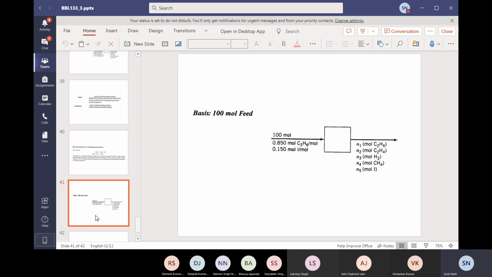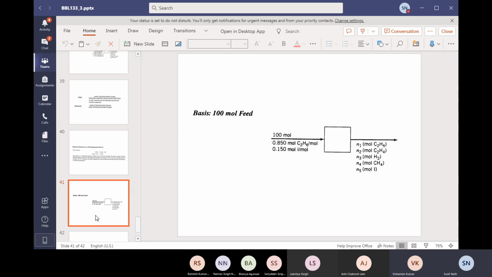Similarly, can we find it for ethylene? Yes, 28.6% of 140 is 40.04 kg moles of ethylene per hour in the exit product gas stream.